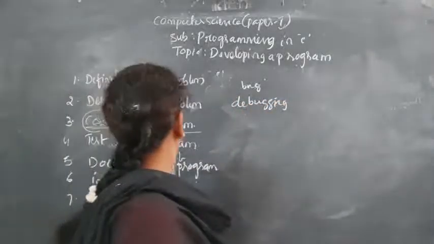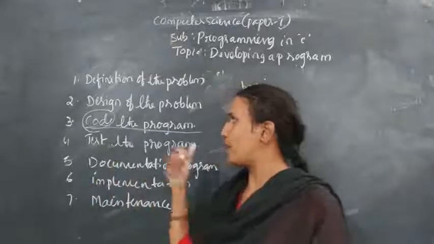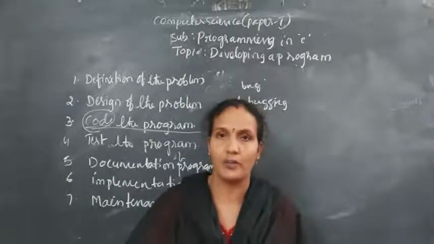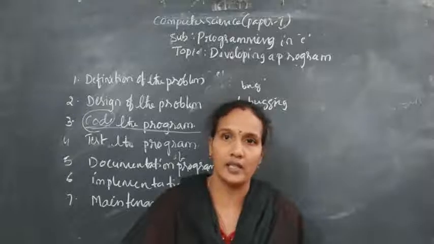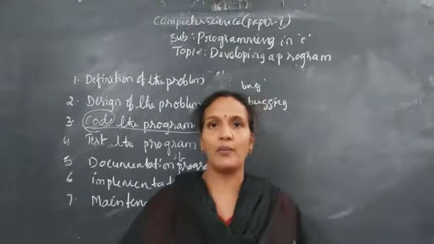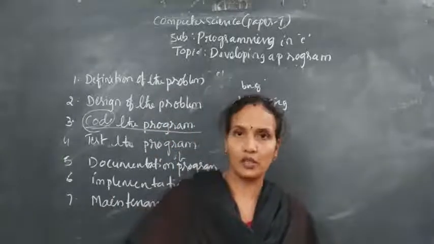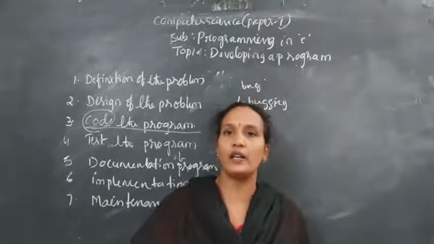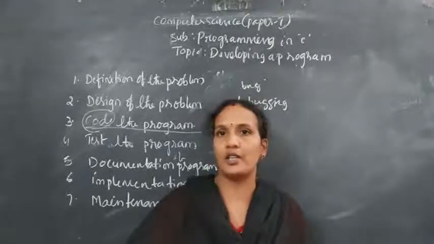So in the fourth step, we will test the program. Testing the program means we compile the program to see if there is any error in it. These are called syntactical errors. If there is any error, we will find it and give the appropriate correction in the program.